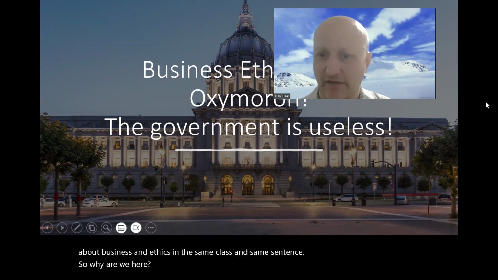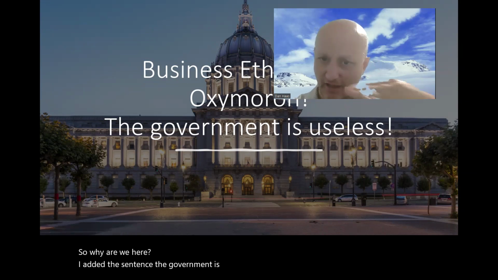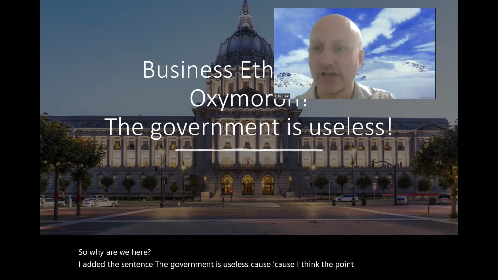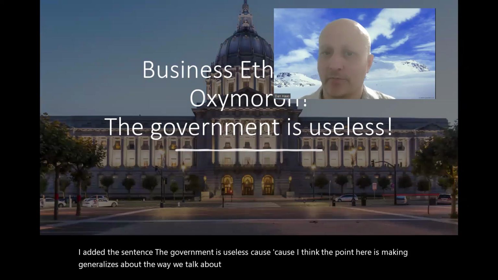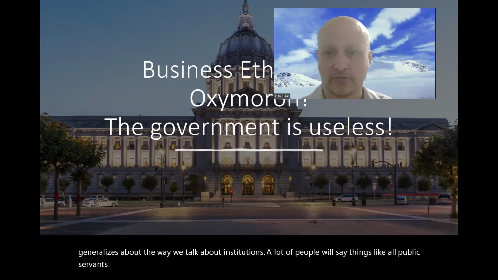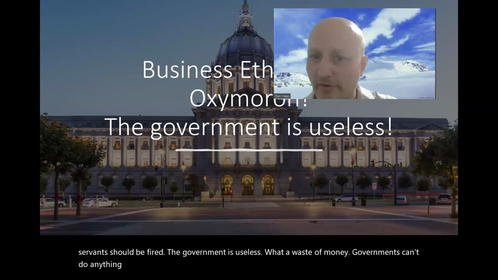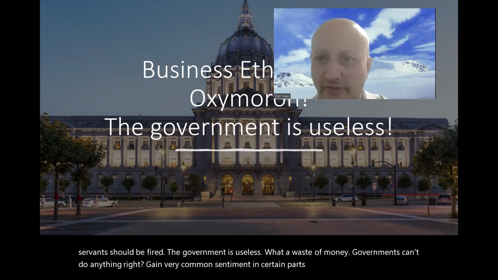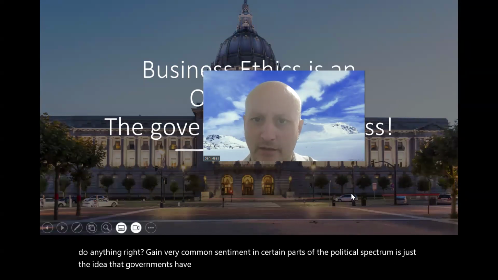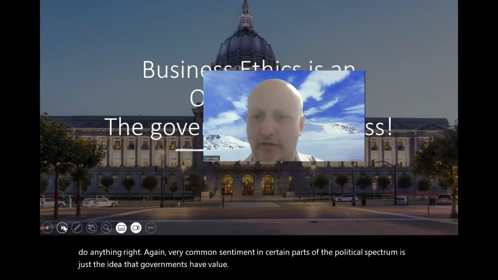I added the sentence, the government is useless, because I think the point he's making generalizes to the way we talk about institutions. A lot of people will say things like, all public servants should be fired. The government is useless. What a waste of money. Governments can't do anything right. Again, a very common sentiment in certain parts of the political spectrum is the idea that governments having value is a mistake.